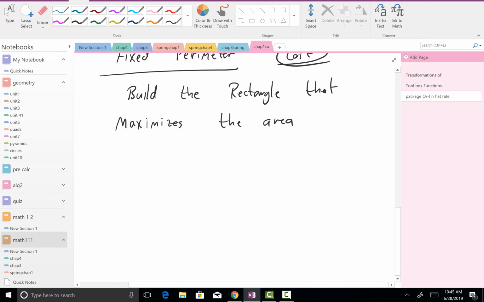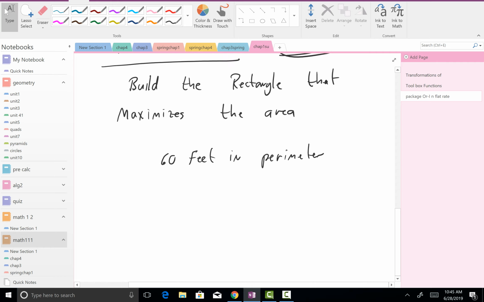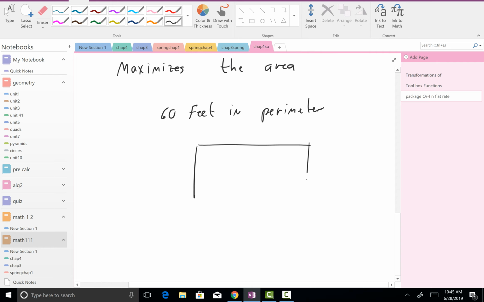So if we have, say, a pen that is 60 feet in perimeter, okay, so something like this, right? And we know the perimeter is this distance around, all right, and that's 60. But we want to take and maximize the area of that rectangle.